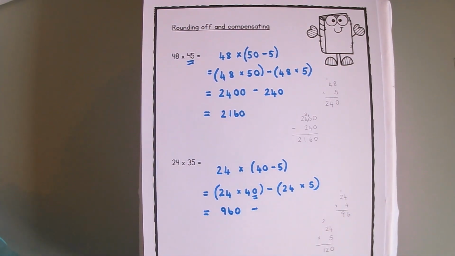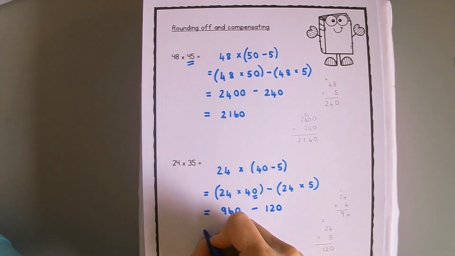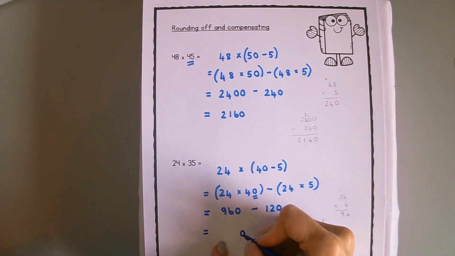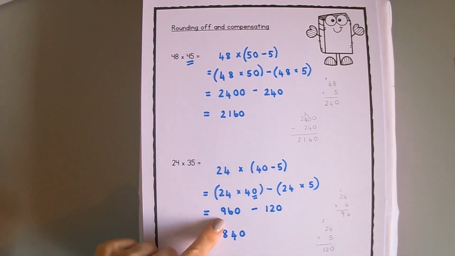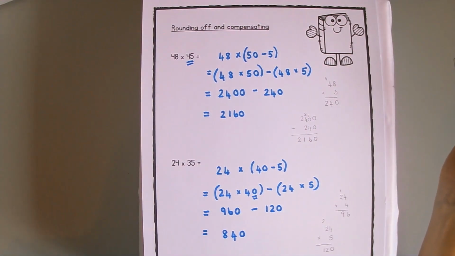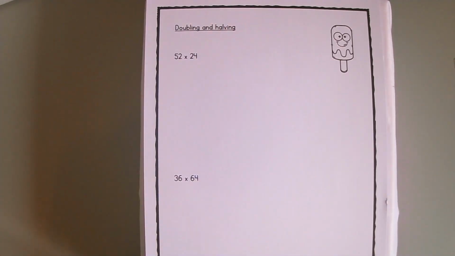And that's 120. So 960 minus 120. And this one's a little bit easier. 0 minus 0 is still a 0. A 6 minus a 2 is a 4. And 9 minus 1 is 8. Now, if you can't do that, sometimes you're going to have to go ahead and do a proper normal subtraction sum. And that is that for rounding off and compensating.